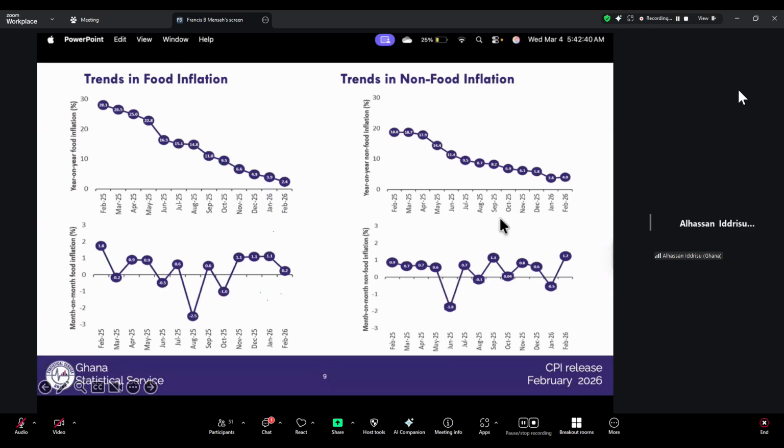Let's take some more questions so that we can address all of them together. And whilst at it, I see that you have put the chart for food, and on the chart it will look like it is the lowest since February.